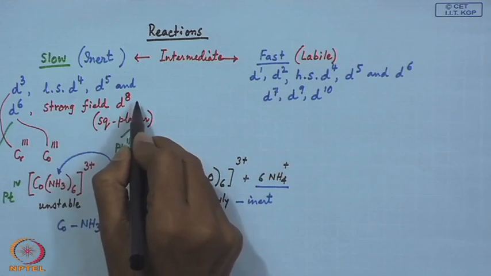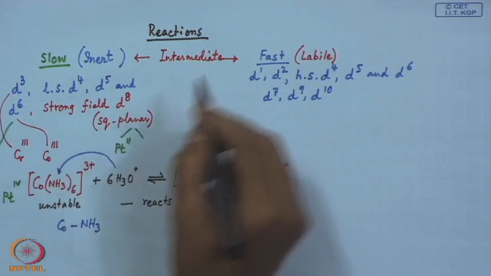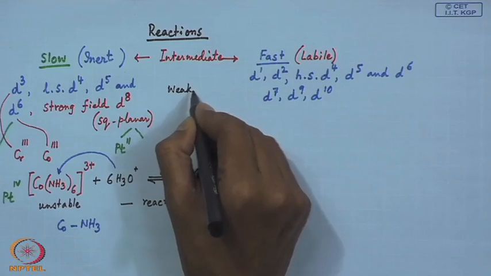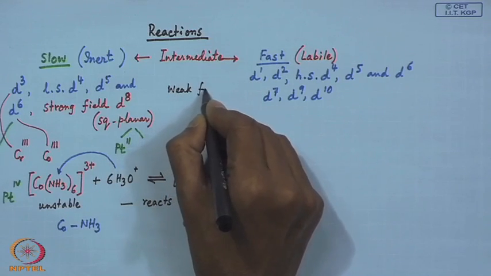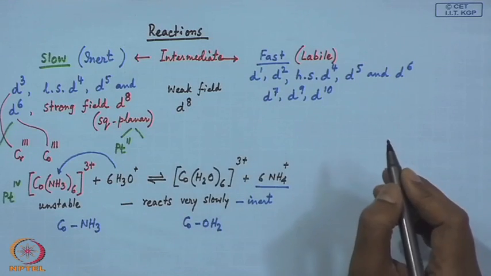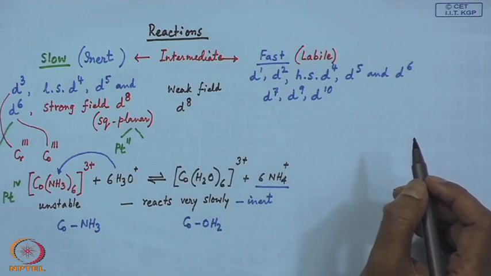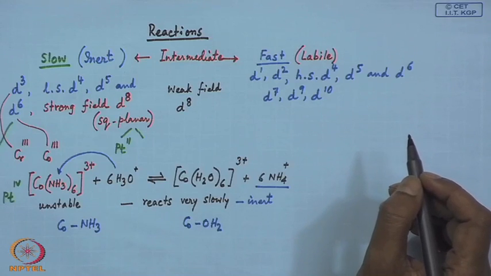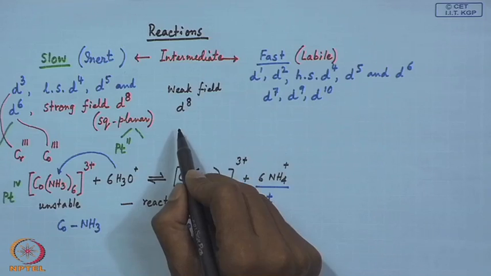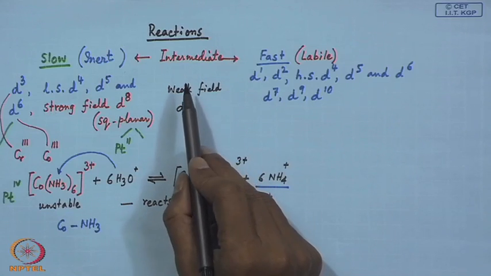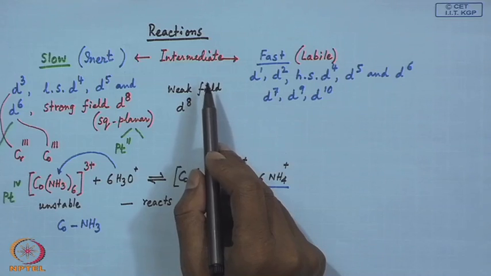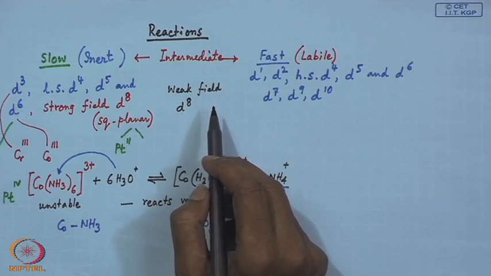We already considered the strong field d8 system, but here we have the weak field d8 system such as nickel 2 plus. Nickel 2 plus in tetrahedral geometry is a weak field d8 system, and that gives rise to an intermediate reaction rate for its ligand substitution reactions.